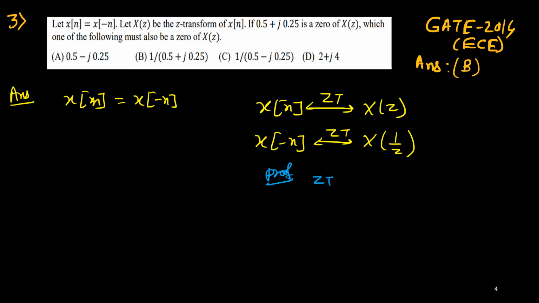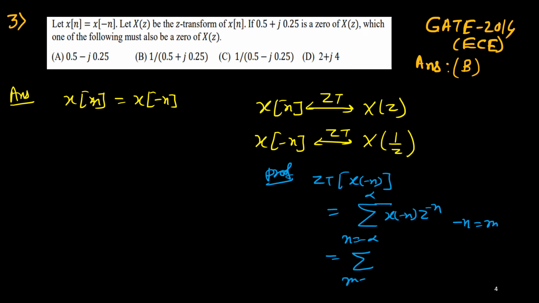So the z transform of x of minus n: we take summation n equals minus infinity to infinity of x of minus n z to the power minus n. Now if I consider minus n equal to m, the summation remains the same, m from minus infinity to infinity, x of m z to the power m.